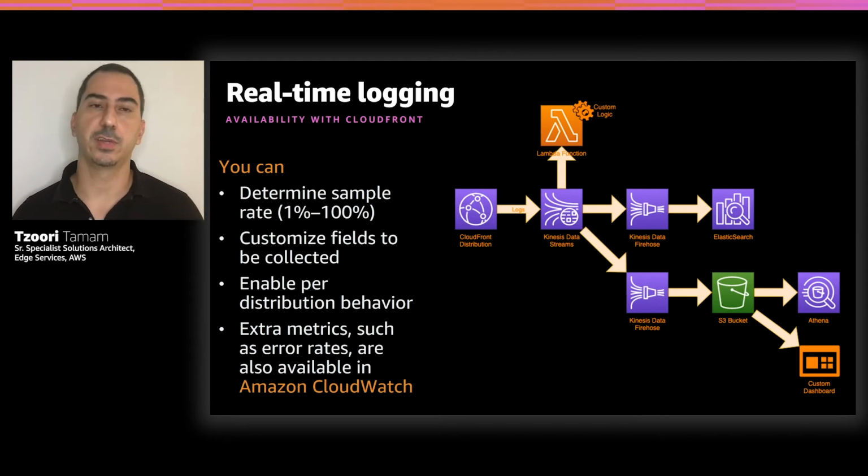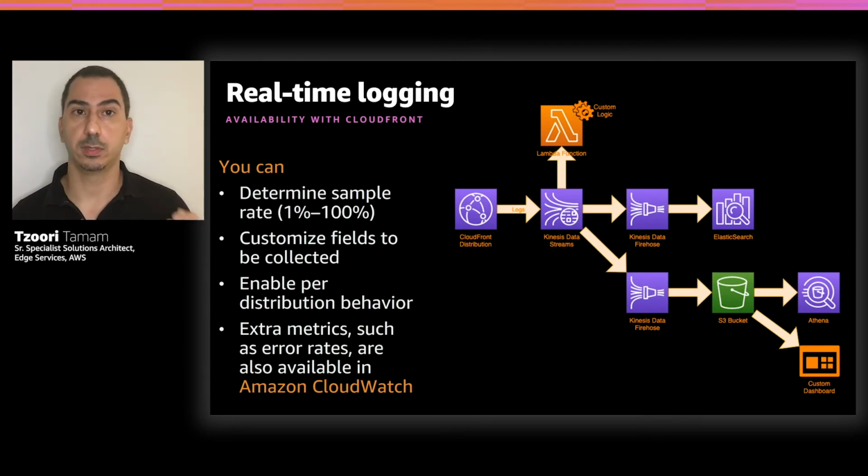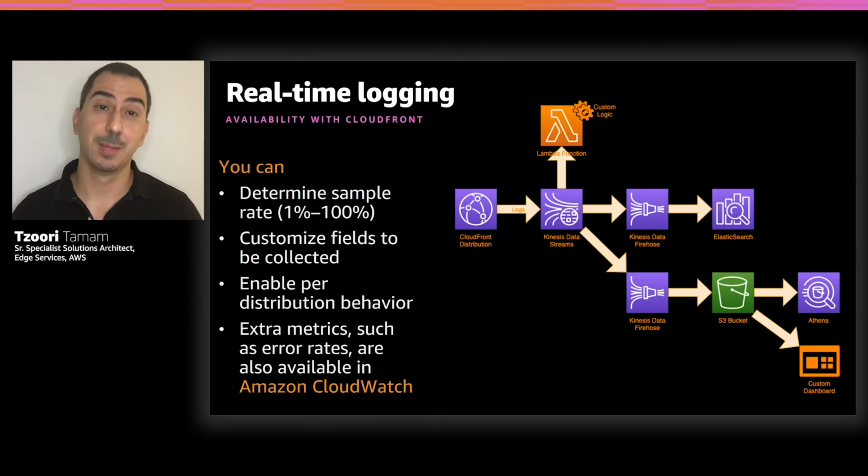So we've added a functionality that is called real-time logging, where you can easily control what fields go into a log. You can easily control the sample rate, but the most important thing, you can have the logs appear on Kinesis data streams within a few seconds of the request being received consistently, right?